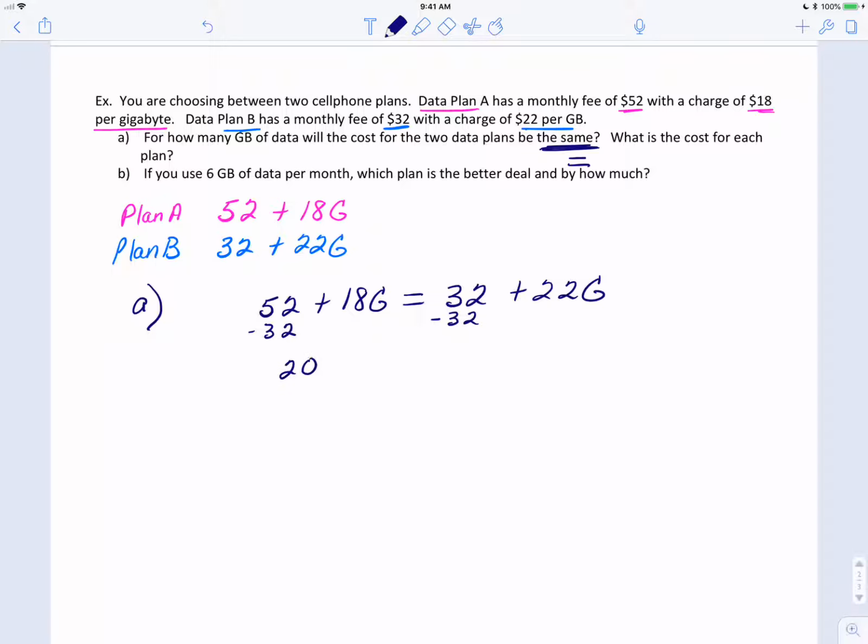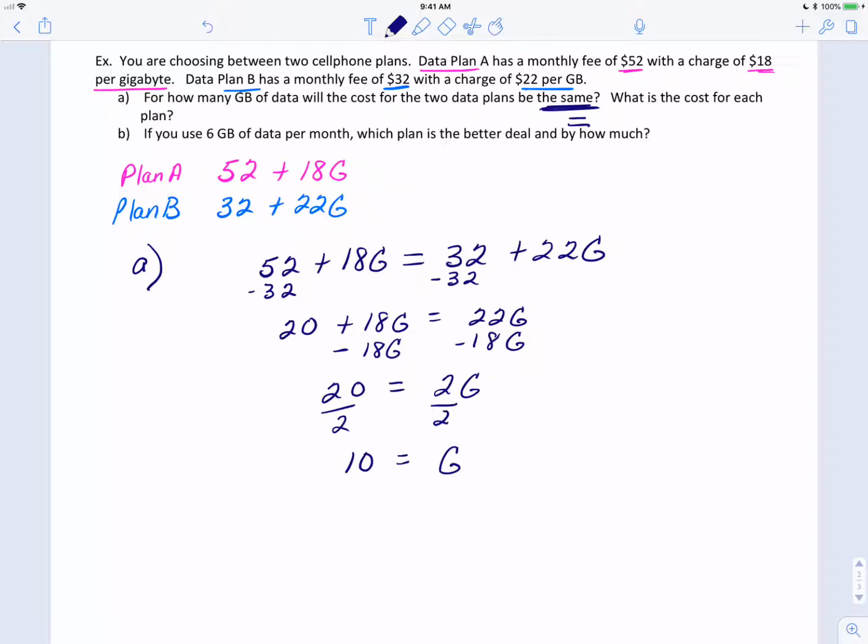That gives us 20 plus 18G is equal to 22G. So now let's subtract our 18G and get all those together on the other side, and that gives us 20 is equal to 2Gs, gigabytes. So we divide by 2, and so when the gigabytes are at 10, these two plans are the same.